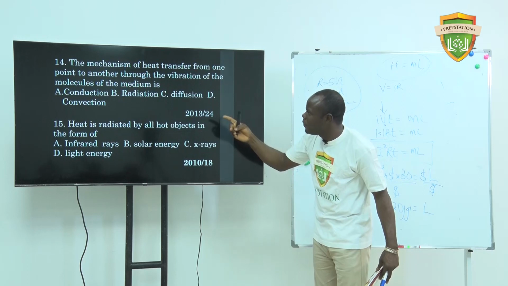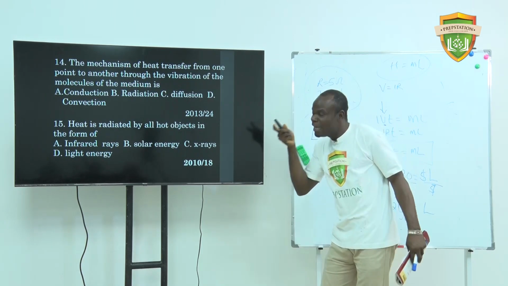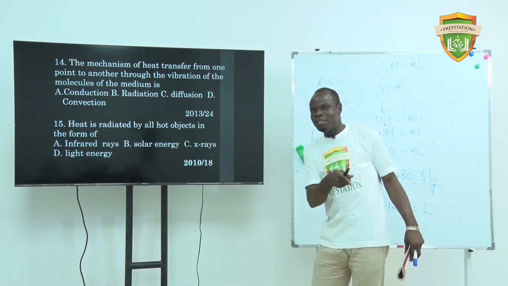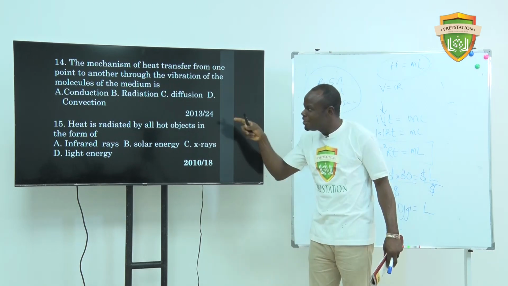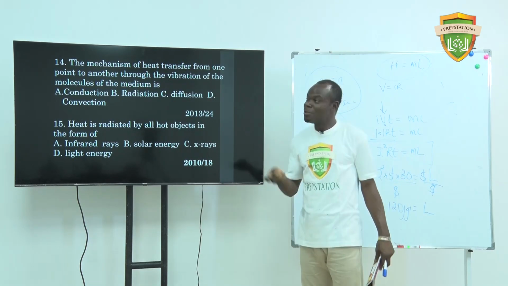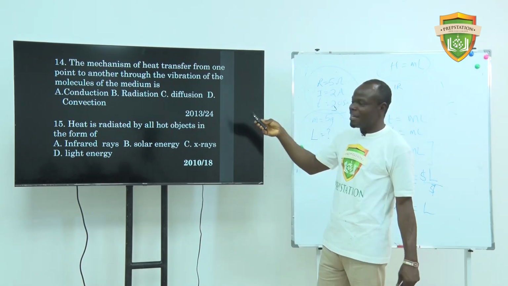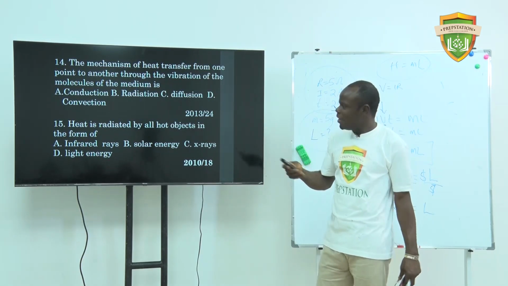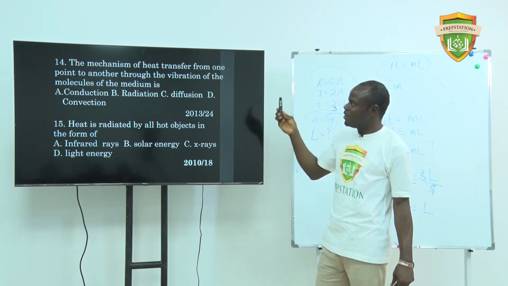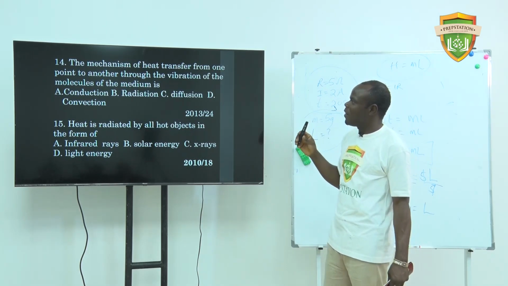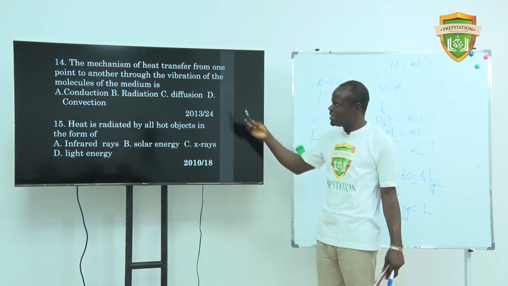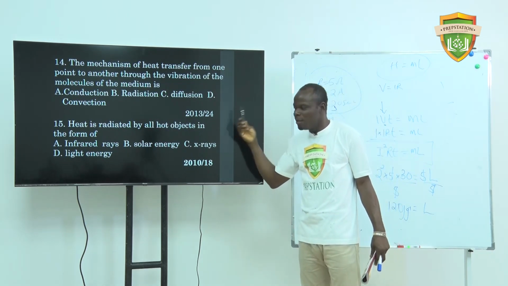That tells you it must be a solid. And what type of heat transfer happens in solid is majorly what? Conduction. So A is the correct answer. Any other one is out of it. That's the mechanism of heat transfer from one point to another through the vibration. Take note of that word, vibration.